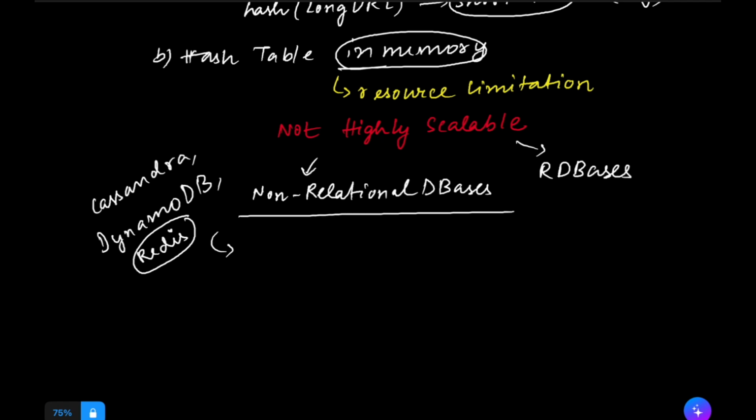The major disadvantage of non-relational databases is that they have eventual consistency, and this might not be a good feature, or this might not support your use case.